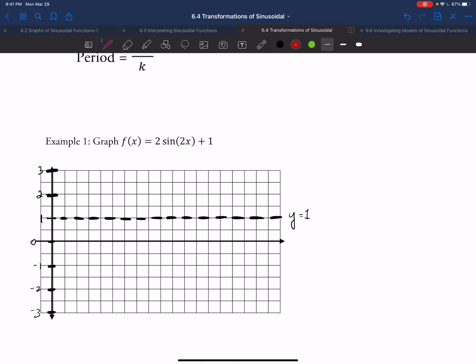Since the K value is 2, I need to now figure out what my period is. So the period is 360 divided by the K value, which is 2. That makes 180. So there's no scale here, which means I can make up the scale as I like. So I'm just going to spread it out. I'm going to make every 4 boxes something significant.